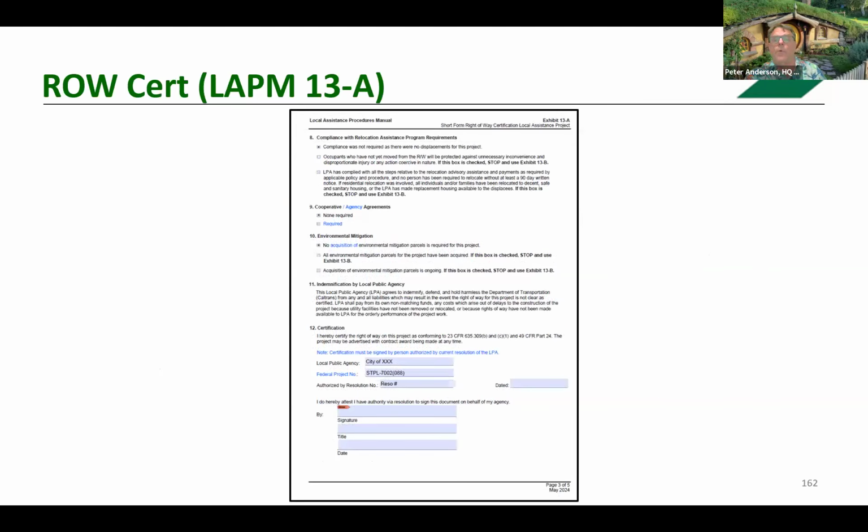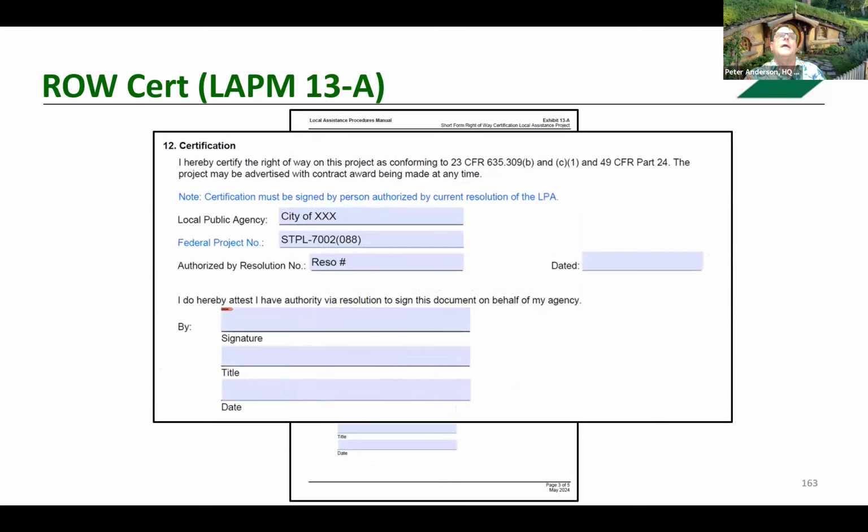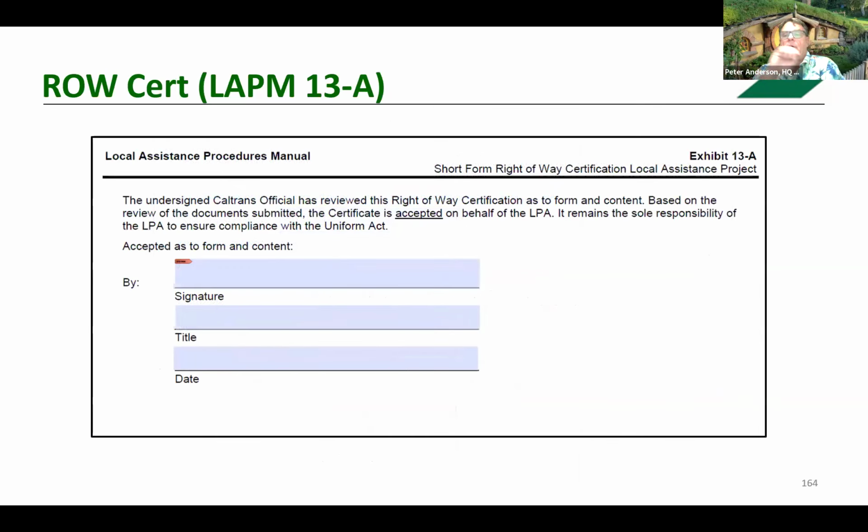The right-of-way form is certified by the local agency based off the CFRs. The local agency will sign the document. Caltrans, we only accept a right-of-way cert as to its form and content.